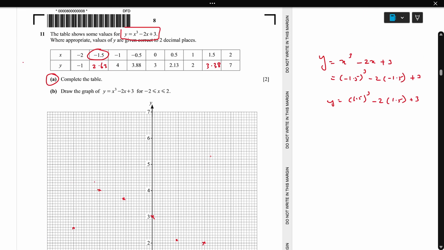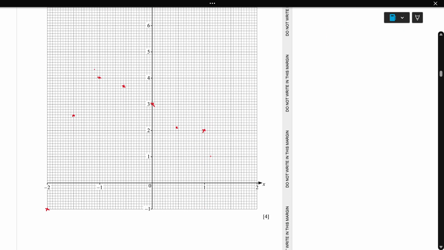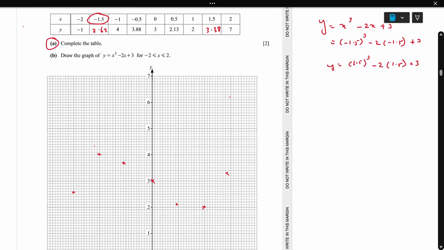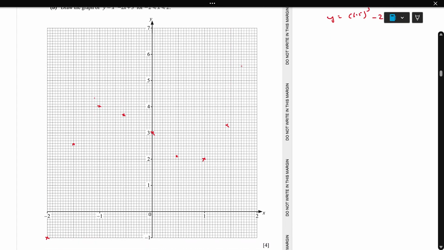Next, 1.5 comma 3.4. Then 2 comma 7. So we need to draw the graph.